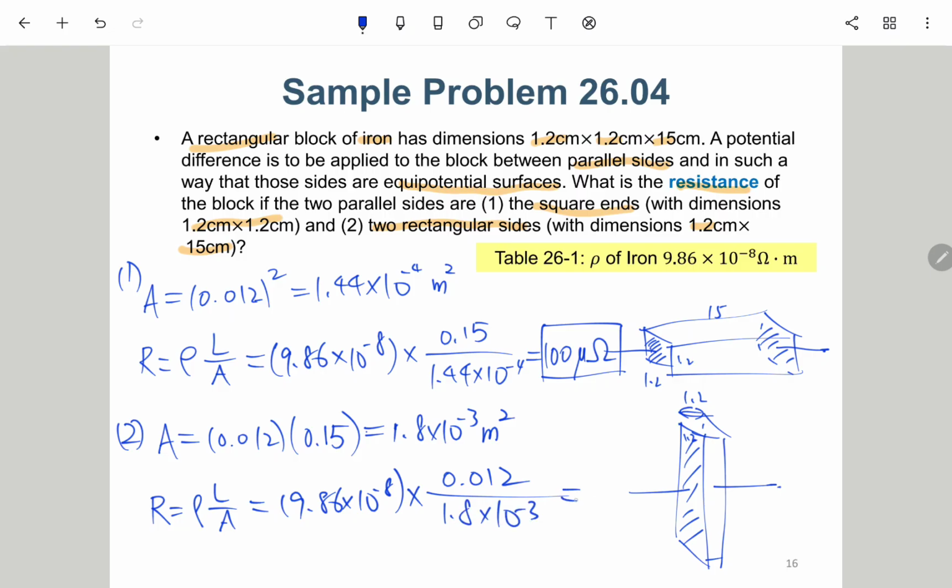That is 0.65 micro ohm. This is even smaller, because the cross-section area is much larger and the length is much shorter, so the overall resistance is much smaller than the first case. This is just to let you know how to plug numbers into the R equals rho L over A formula.